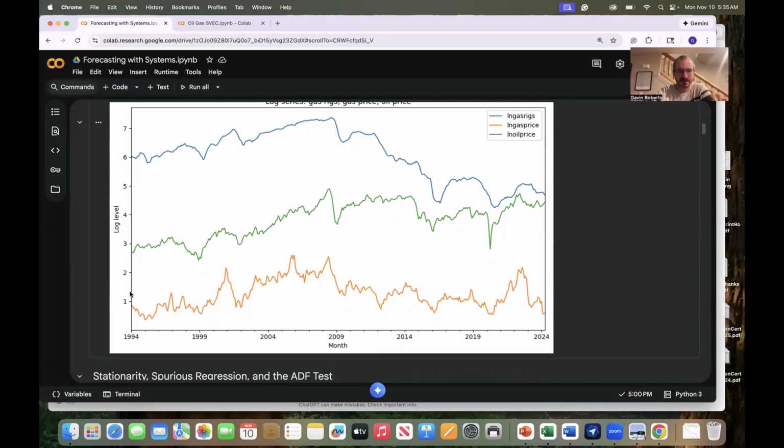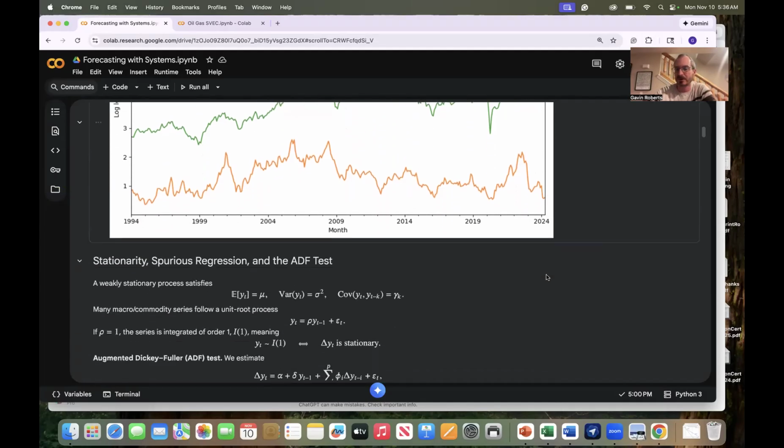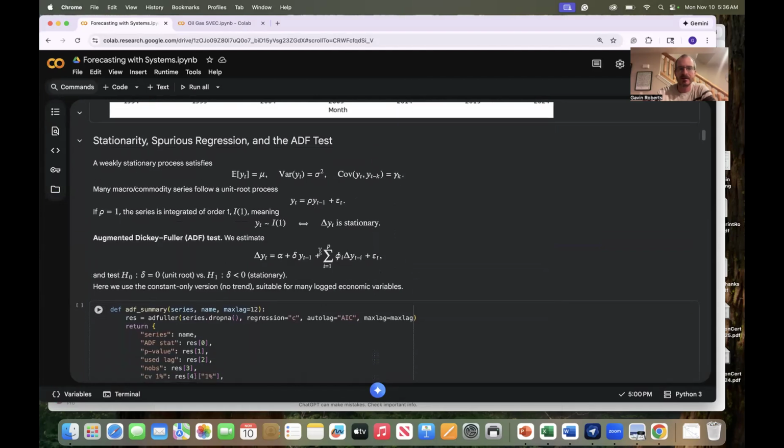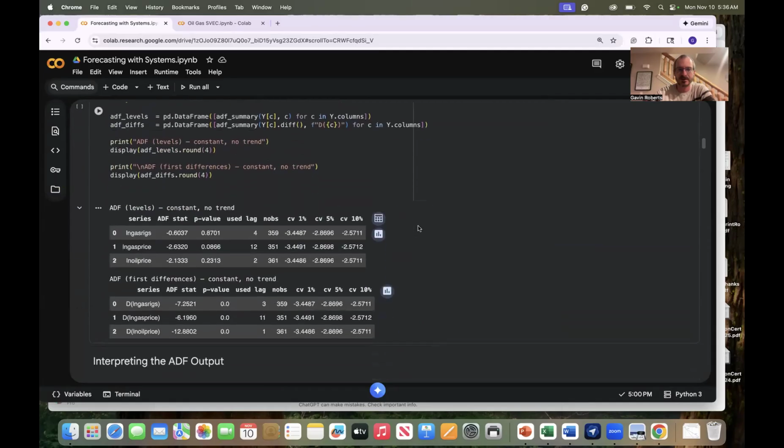The gas price line has a constant term because the average is not zero, but it probably does not have a trend, since if I drew a line across, it would be flat-ish. Maybe we do want a trend for oil prices. Maybe we want a trend for rigs too. We went forward with no deterministic trends, but with constants in the ADF tests, because we have to make assumptions about that when we do these ADF tests.